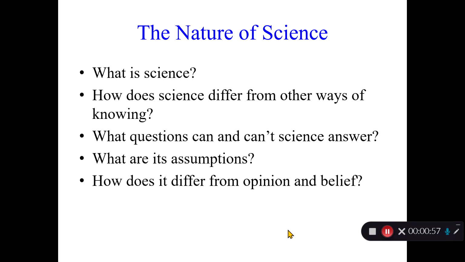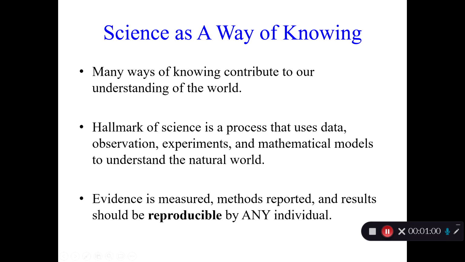Such as personal opinions or beliefs. So we need to start off by thinking about the fact that there's lots of different ways of understanding the world around us. So what is the approach that science takes?